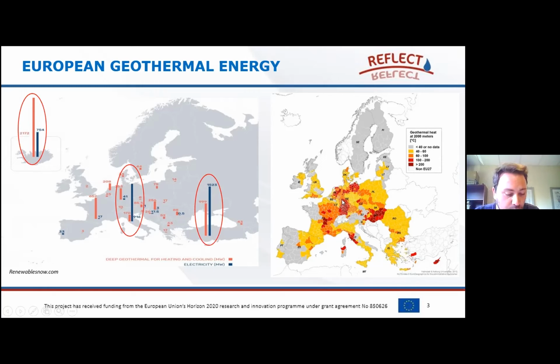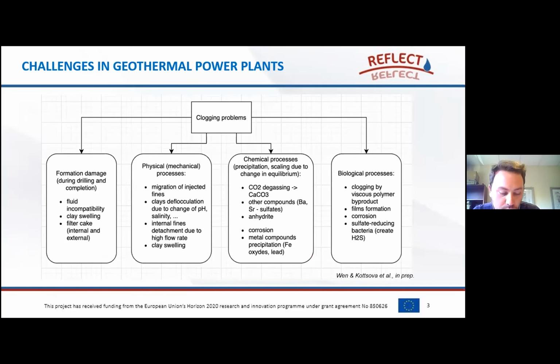In Poland, the UK, and Romania, the heat distribution is lower than in these countries and is in the range of 40 and 60 degrees. Almost all of these geothermal power plants have different technical problems. So let's look at these technical problems now.